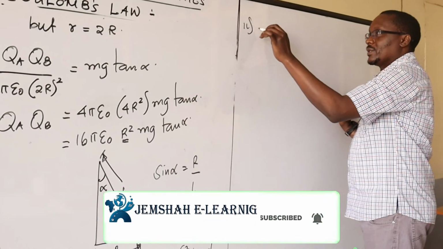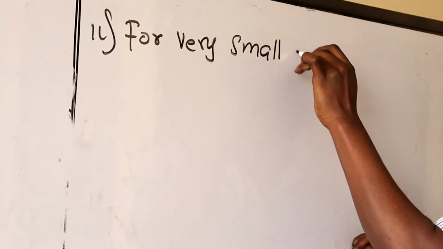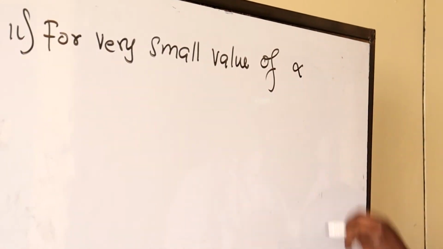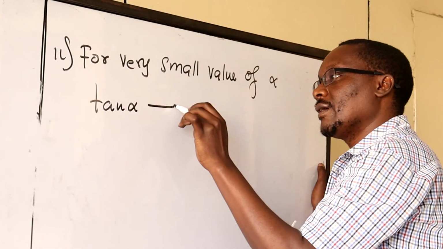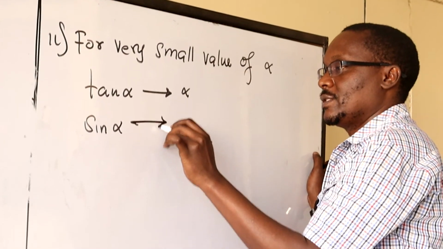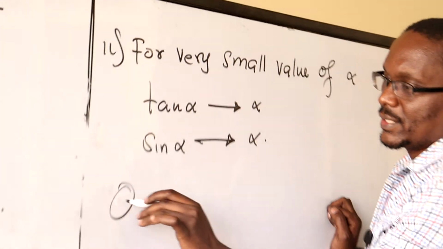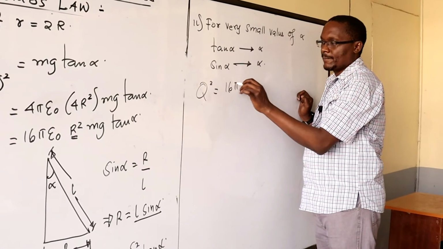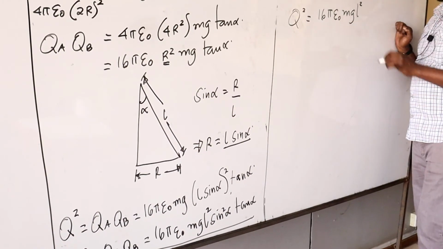So now, Roman 2, we can say for very small value of alpha, tan alpha will normally approach the value of alpha. Similarly, sine alpha also approaches the value of alpha. So that our solution there, which was Q squared, the same as QA QB, will be 16 pi epsilon naught mg L squared.